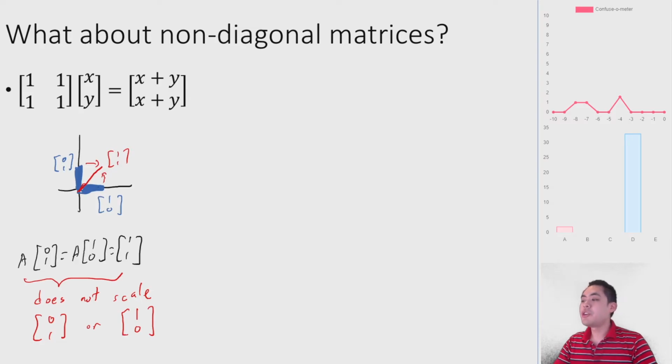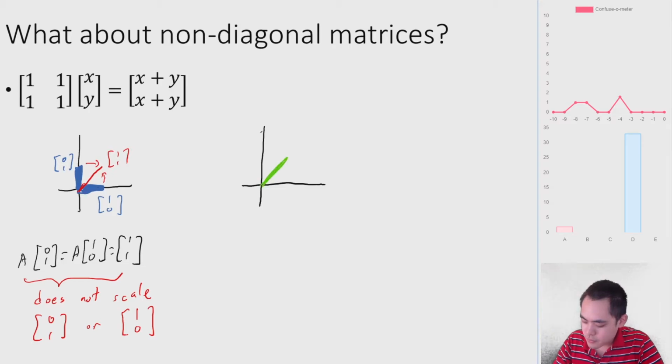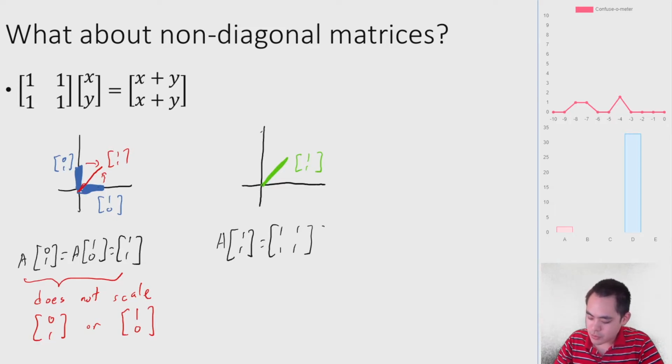Okay, but what if we choose a different vector? What if we happen to choose the vector 1, 1? Well, A times 1, 1 is equal to 1, 1, 1, 1 times 1, 1, which is equal to 2, 2, which is equal to 2 times 1, 1.